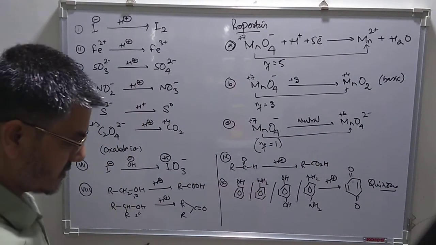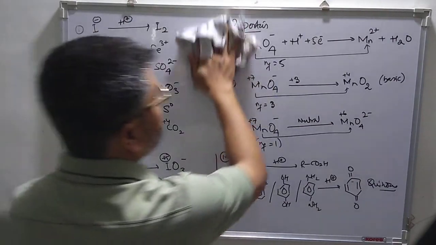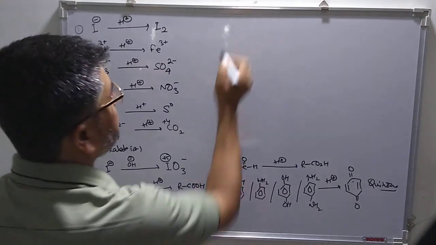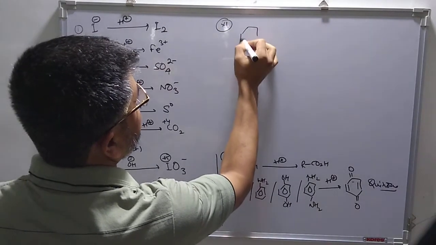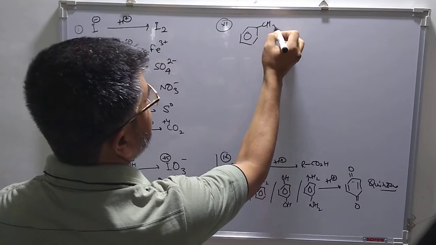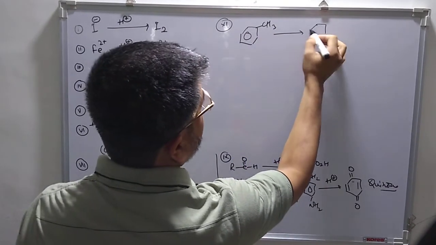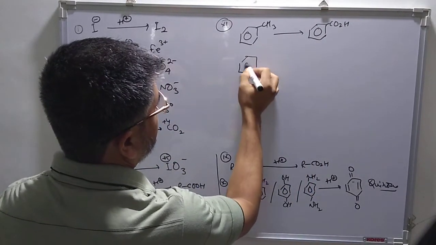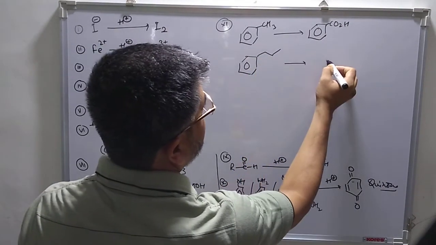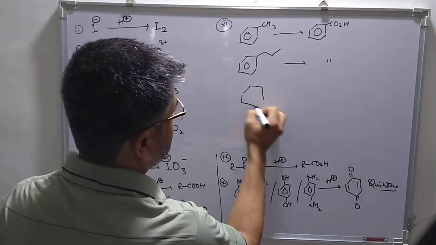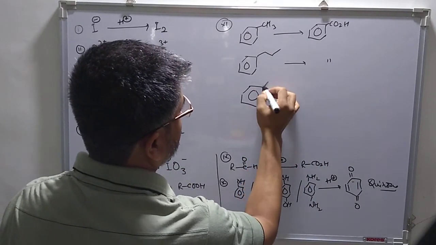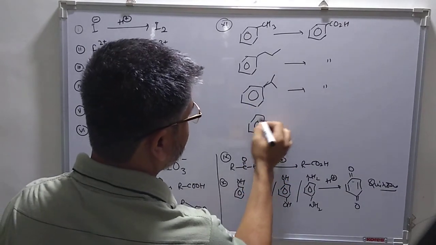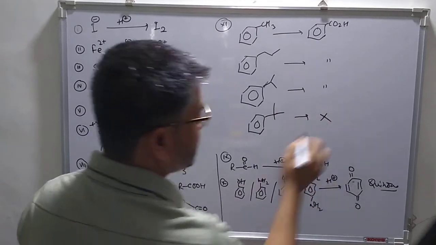Apart from this, side chain substituted benzenes, like benzene with a side chain such as ethyl, are oxidized directly to benzoic acid. But if you have a tertiary butyl group, this is not oxidized.